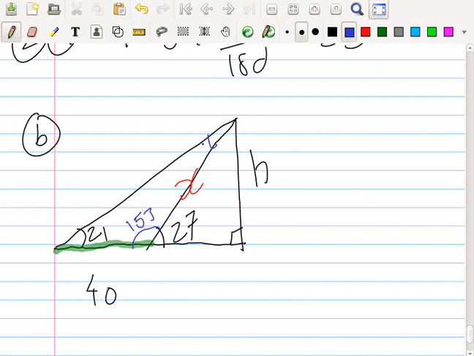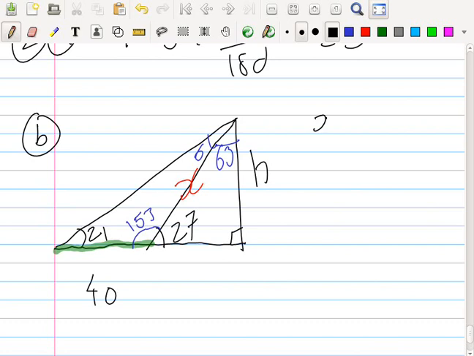So that means this one here would be 6. This is 27, this is 90. So if you add them together, that's 117. So if you do 180 minus 117, we can get this angle here. 63. Now, what rule can we use to find the x? We can use the sine rule.